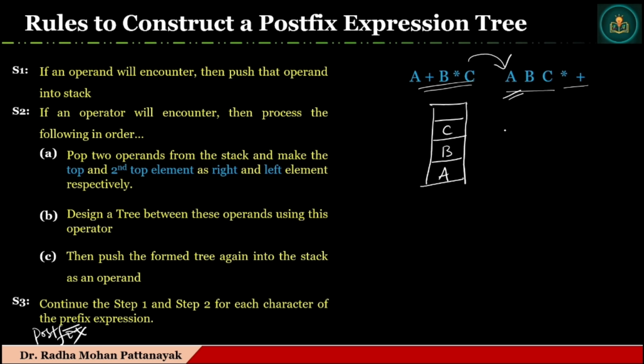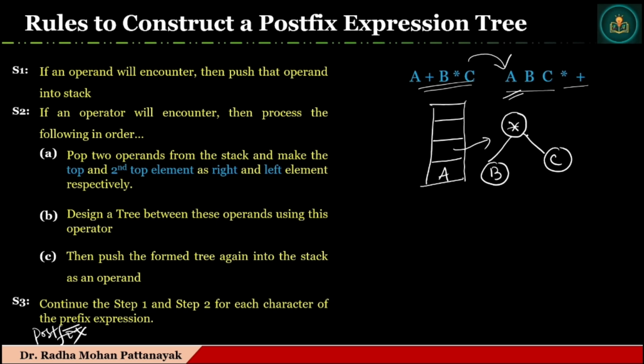C. So take that operator, multiplication, as the parent node, and the top element C will become the right child, and B is the second top element, so make B the left child. Clear? Since you have already popped these two operands, you will remove them from the stack. Then this is the result of this step.